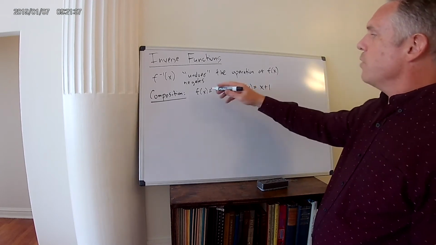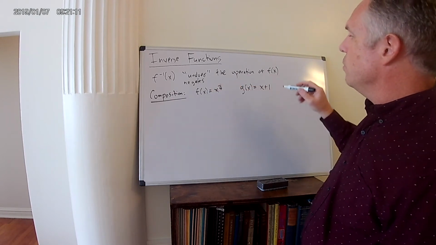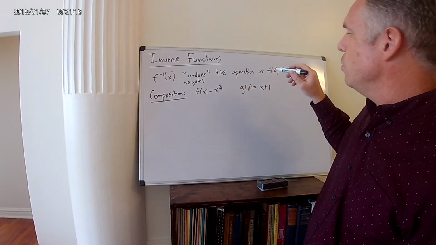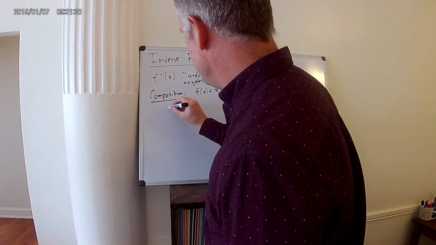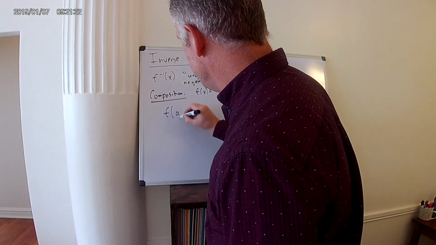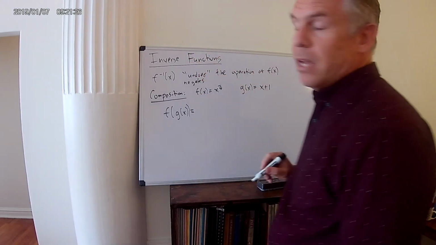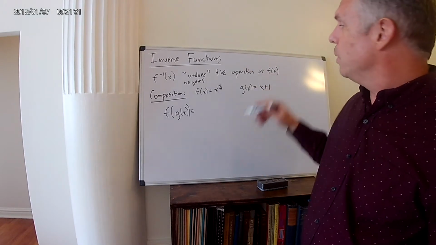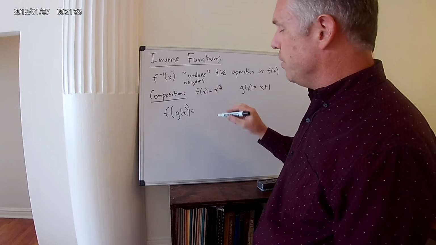What you can do is actually compose these two functions together. What if instead of taking x as an input into f, you plugged in g of x as an input? This is called composition. If we did f of g of x, we take g of x as an input to f. We plug in the output of the other function.